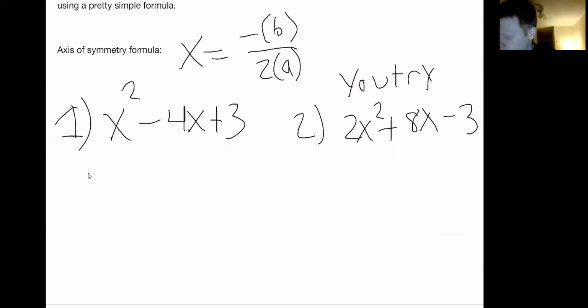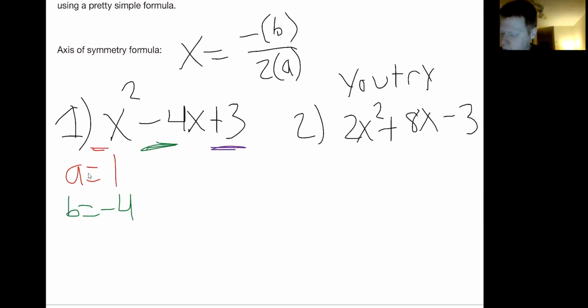Like I said, the first thing you should do, and you can write it down if you want to, is find our a, b, and c. Let me keep the color coding going. Our a in this problem would be 1, because keep in mind, if there's nothing in front of your x squared, there's really a 1 in front of it. Your b would be -4, what's in front of your x, and since it's a minus, it's negative.